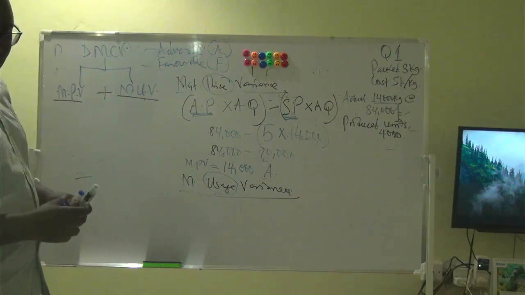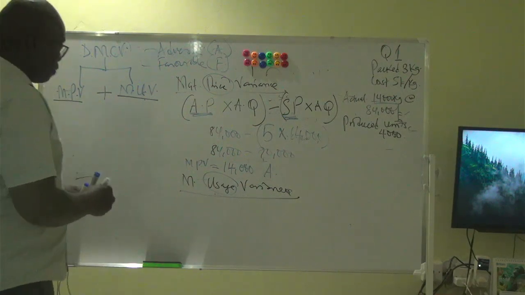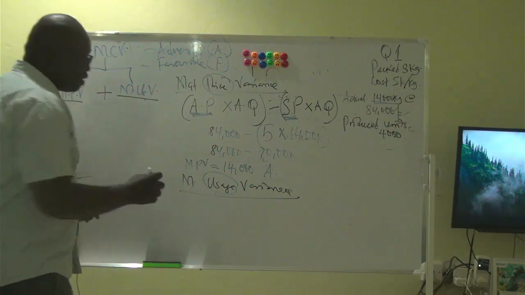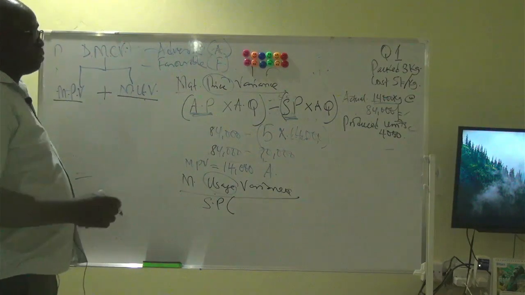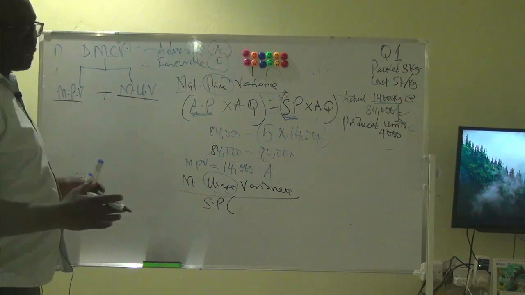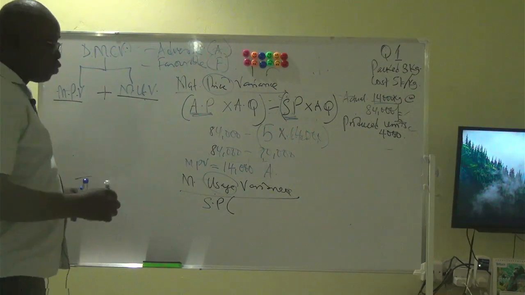Material usage variance is given by the formula: the standard price multiplied by the actual quantity minus the standard quantity, because now we are not bothered with the price, we are only bothered with the quantity.